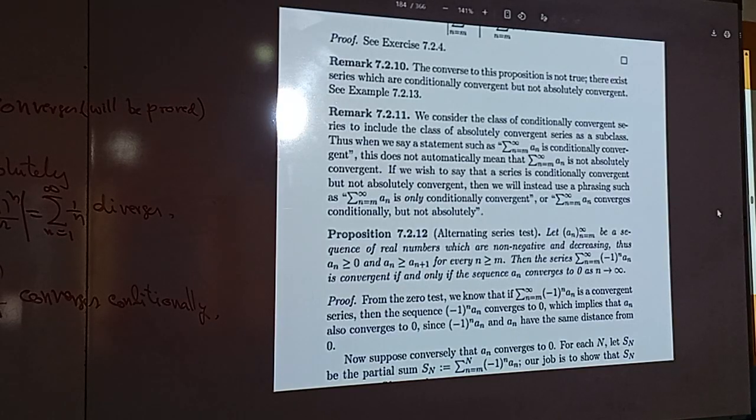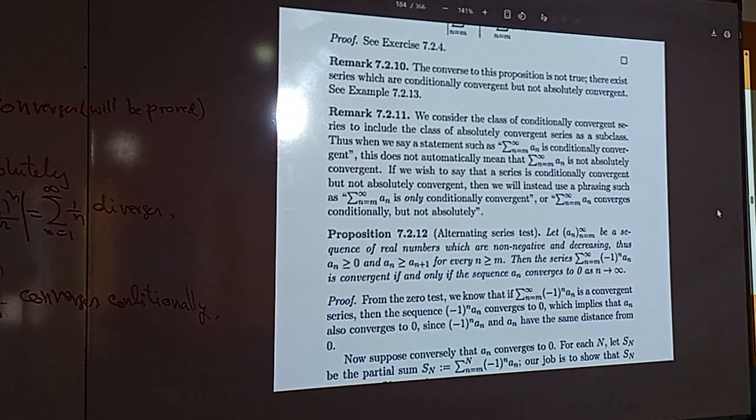So from the alternating series test, (-1)^n over n converges, because if you forget about the (-1)^n, your a_n is 1 over n. 1 over n is decreasing and the limit is 0. Therefore, by the alternating series test, (-1)^n over n converges.